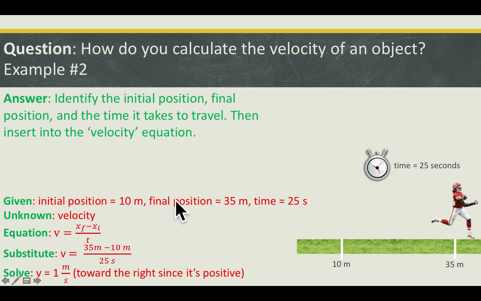We put the final position of 35 first and subtract from that the initial position of 10 and put that over 25 seconds. So when we subtract 35 and 10, we get 25 meters, a positive 25 meters. And positive 25 meters divided by 25 seconds gives us a positive 1 meter per second toward the right. He's moving toward the right so he has a positive velocity.